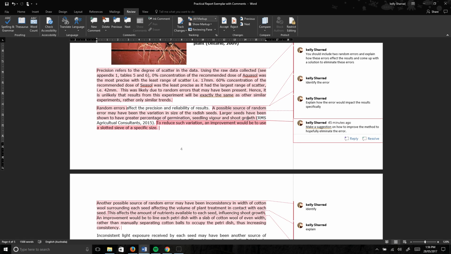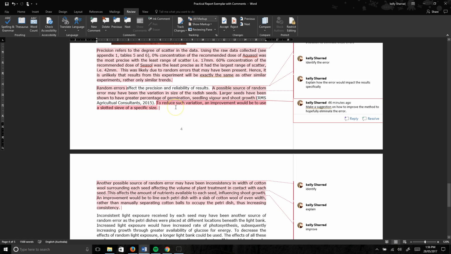But because the seeds were different sizes, we have a second independent variable, because seed size now impacts on shoot growth. Okay, so that's how that error is impacting the results. Now it's impacting them randomly because not all seeds were larger or smaller. They were randomly assorted seeds.